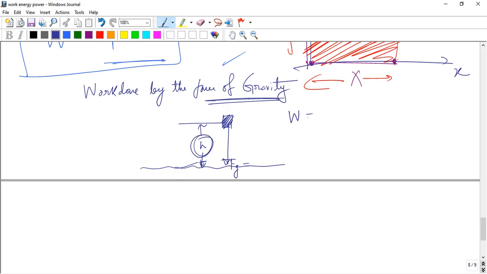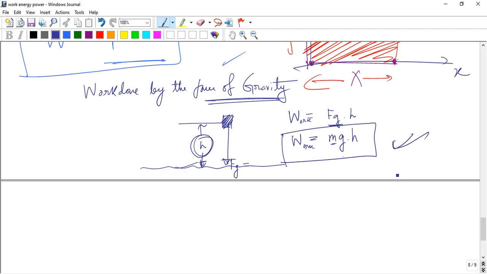So what is the work done? Fg times h. We previously discussed that the force of gravity is also called weight, and weight is represented as mg from Newton's second law, mass times acceleration due to gravity, into h in work. So that is mgh.